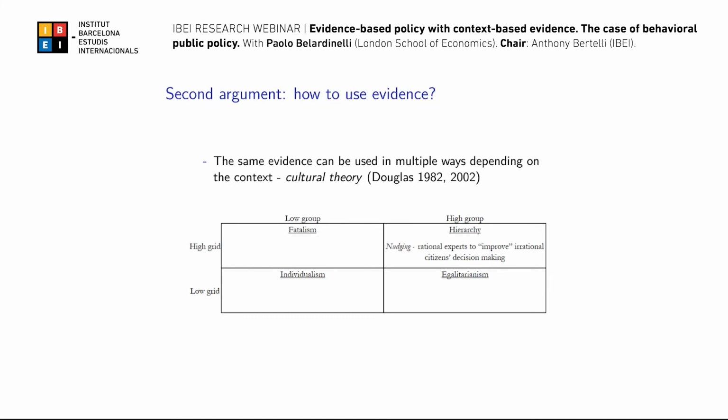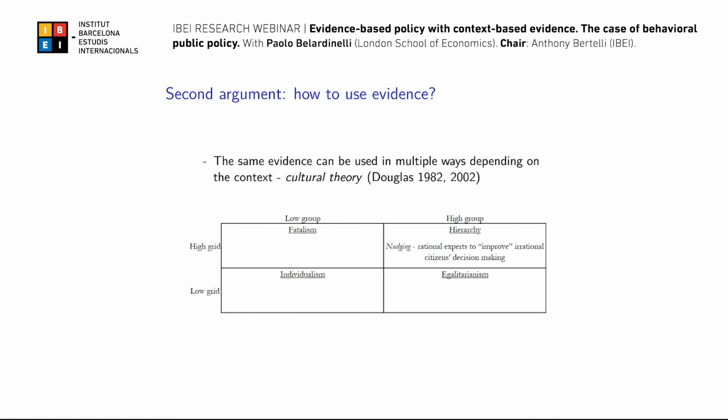So you are still free to choose whatever you want, but the policymakers are trying to push you towards a specific direction, which is saving money for the future, basically. Because people don't do it. People are irrational because they only care about today.